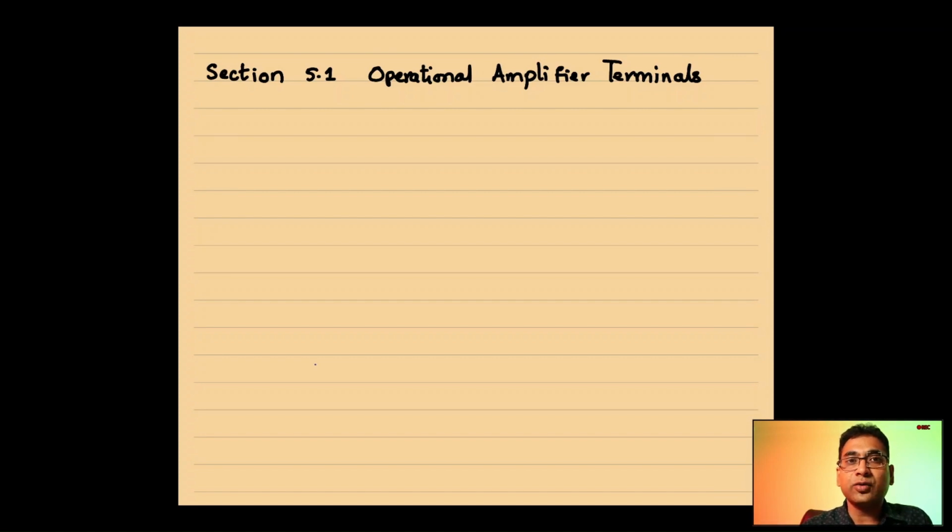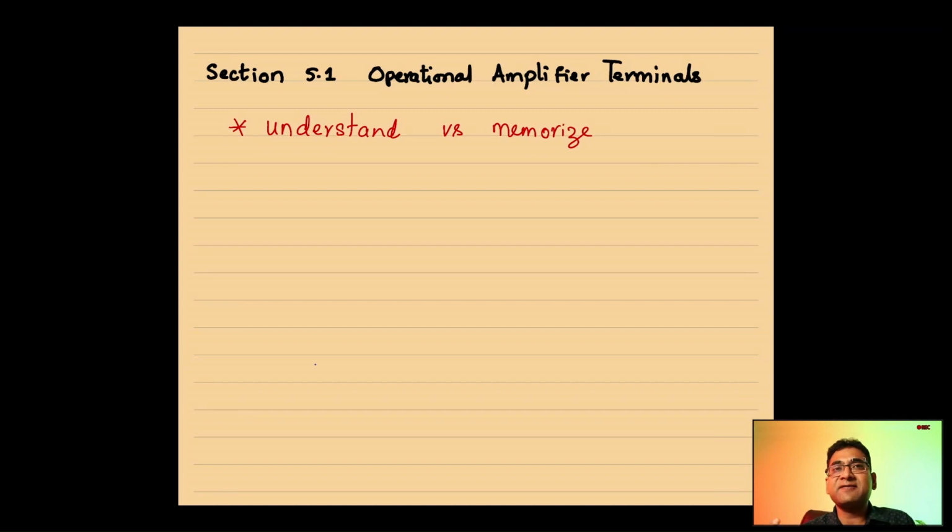A couple of things you want to remember: you want to understand as opposed to memorize. You don't want to memorize these. Some of the students find this operational amplifier topic to be challenging because they have a tendency to want to memorize. Don't do that. Understand the math.